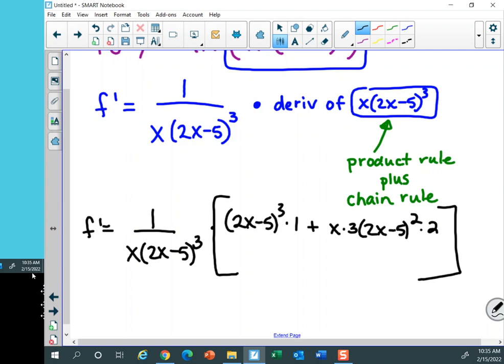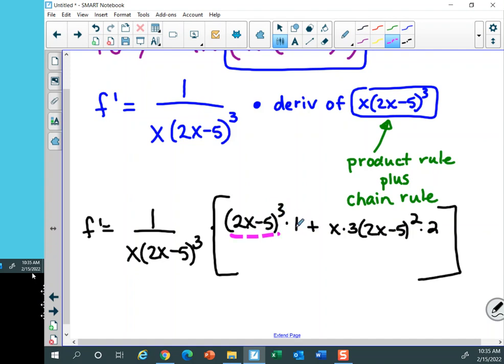That would have to be your next step. The derivative of this, you probably can do it. You can follow it. I have faith in you guys. That's the second chunk.